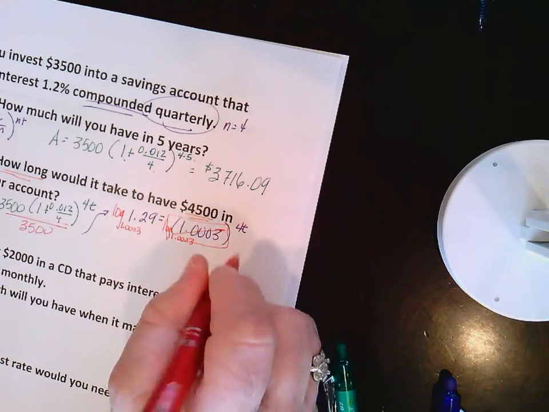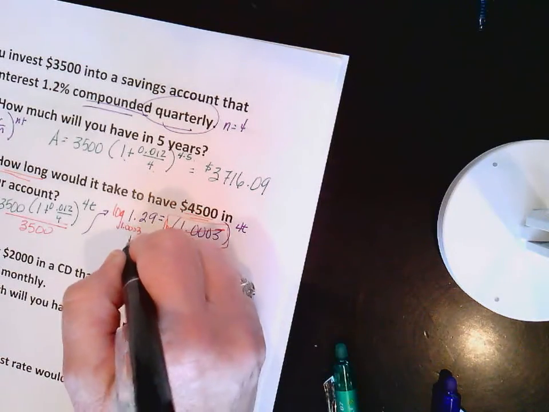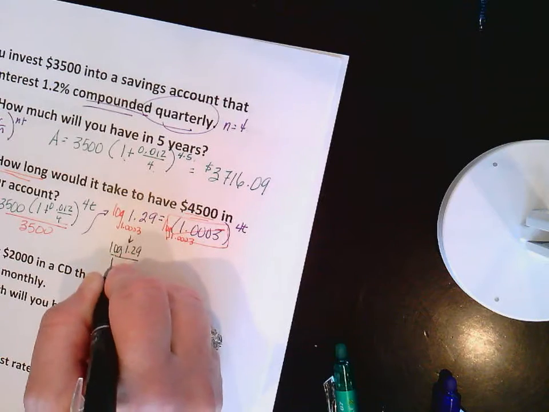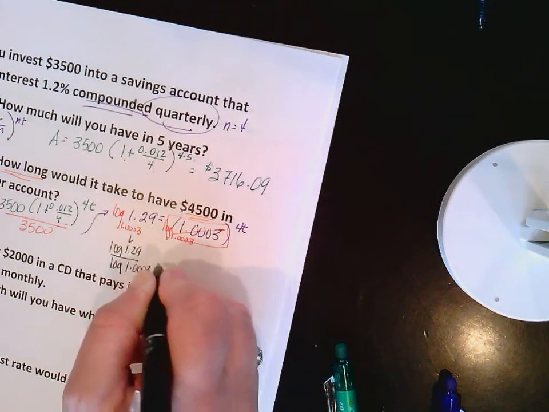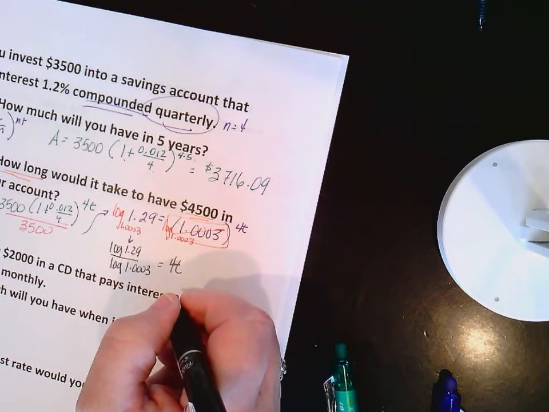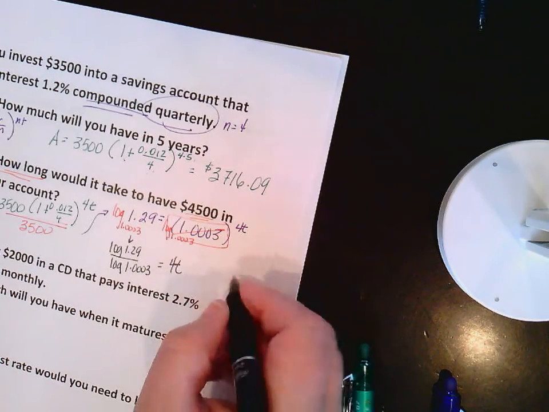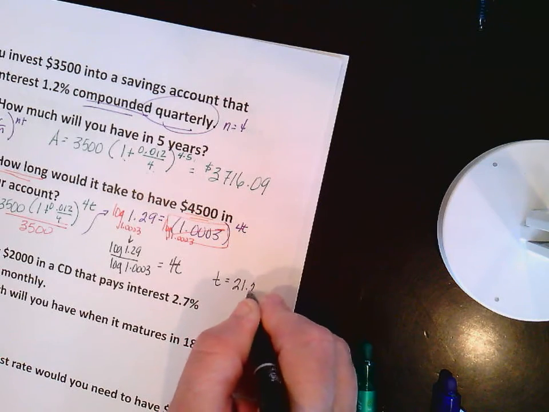Remember that to do a change of base, I'm going to have the log of 1.29 over the log of 1.003 equals 4t. You'll find that and divide by 4, and when you do that, you should get a t of 21.25 years.